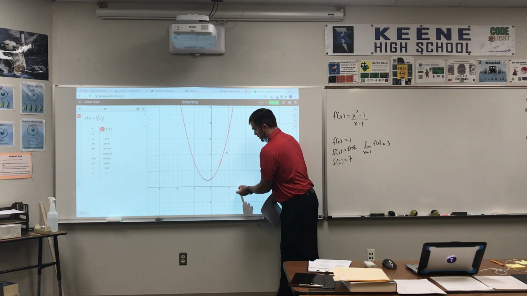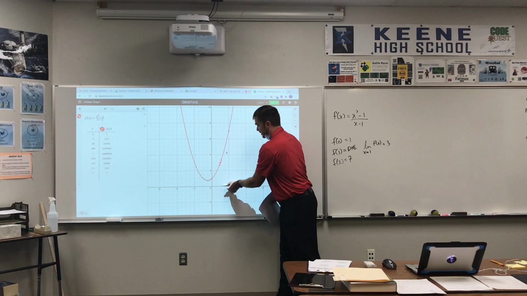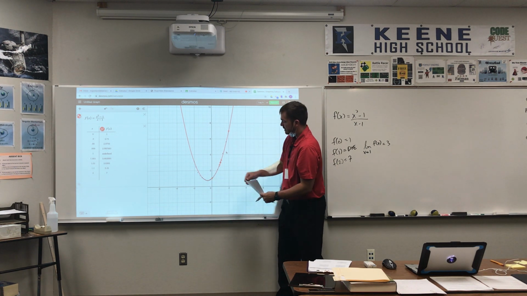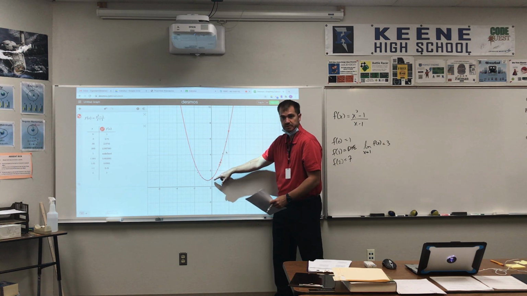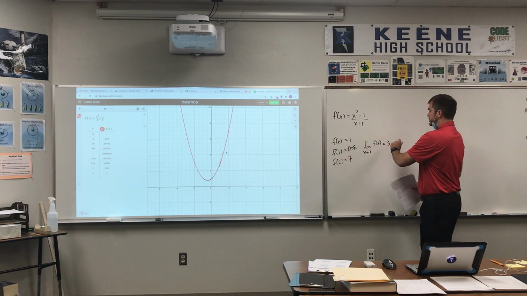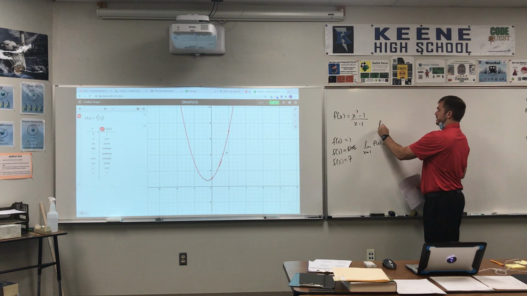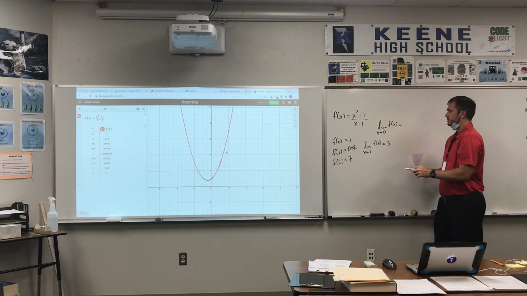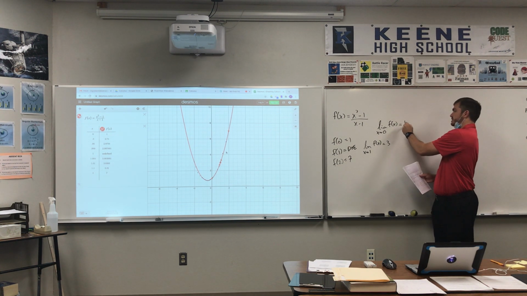If I march along in this direction from right to left, what are those y values getting closer and closer to? Kirsten? 1. Yes. So I can say the limit of f of x as x approaches 0 is 1.